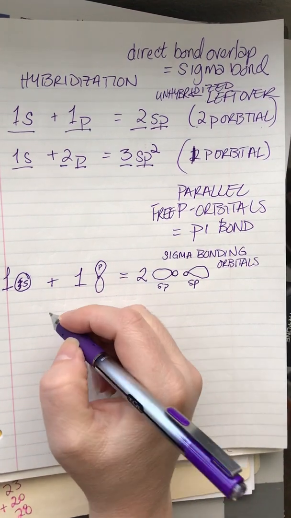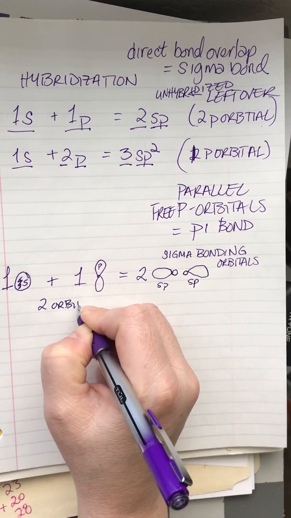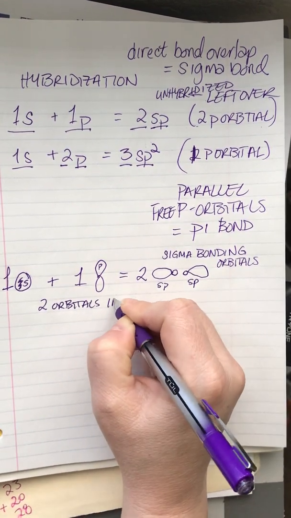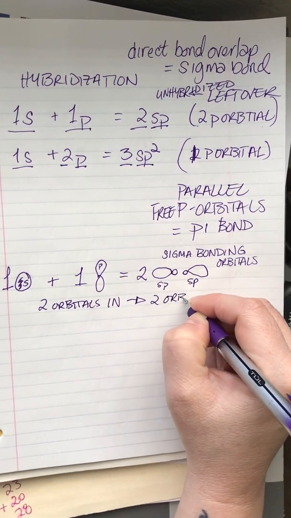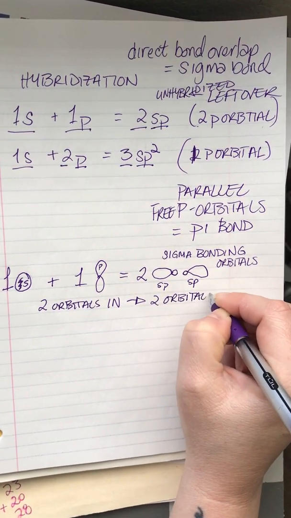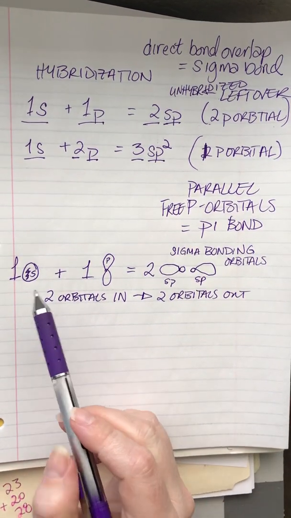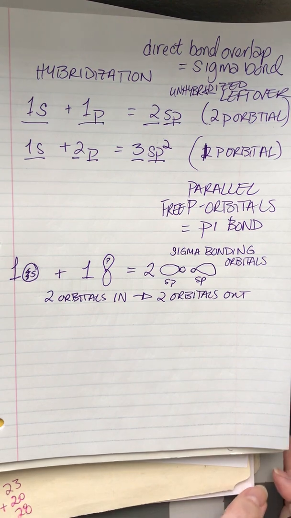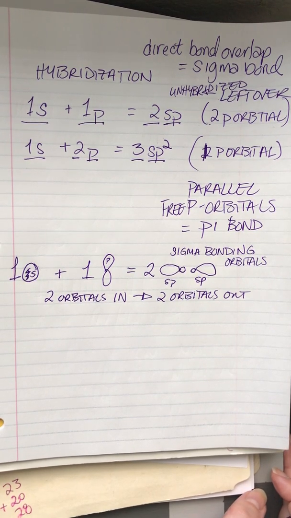So if you have two orbitals in, you will get two orbitals out. You can't make more orbitals than you hybridized, or less. Could you draw a picture of the pi bond one too?